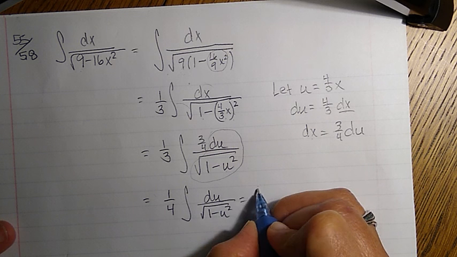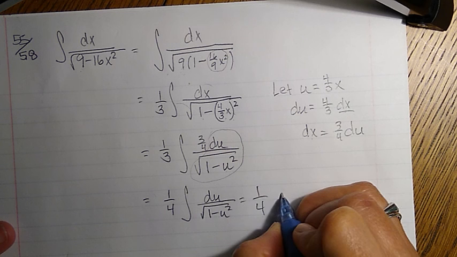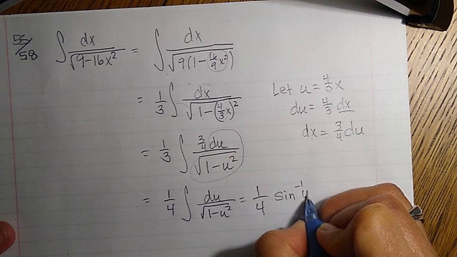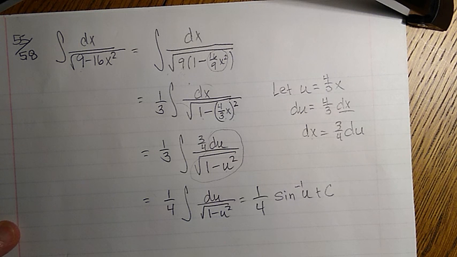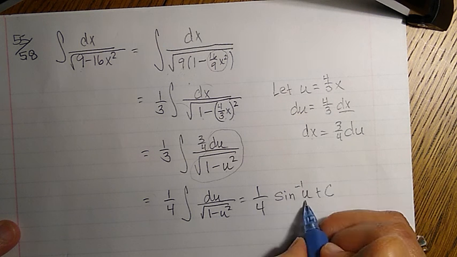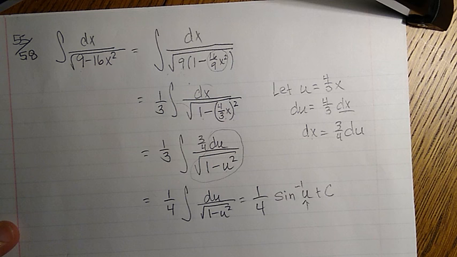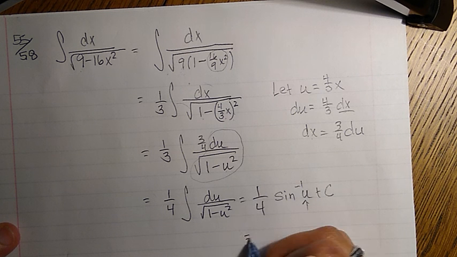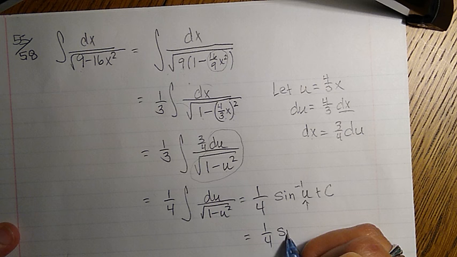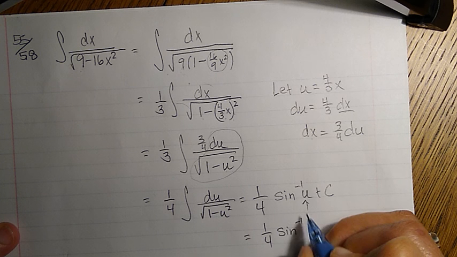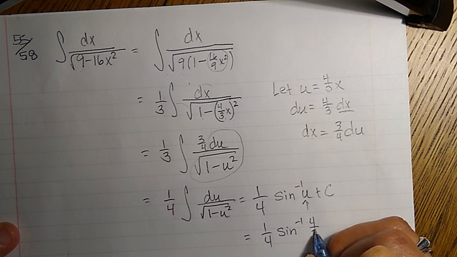That's equal to 1/4 inverse sine of u plus c. Now there's one more bit to go. That's u. I need to make that in terms of the original variable. So my final answer is 1/4 inverse sine of 4/3 x plus c.